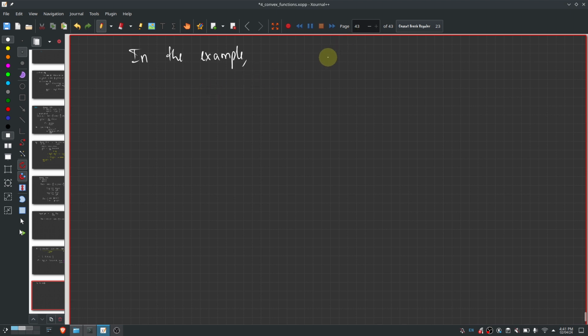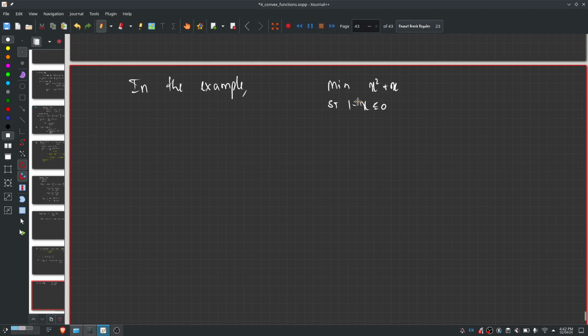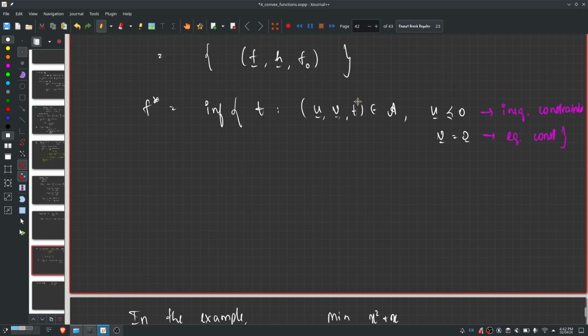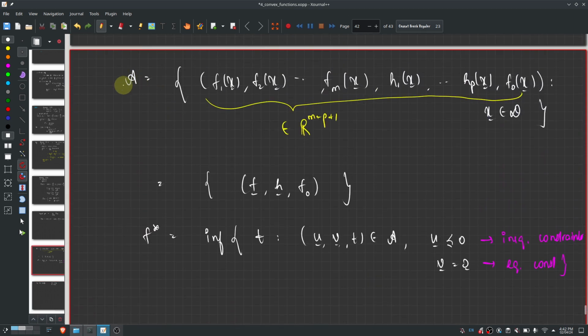So in the example, recall that the example was: minimize x square plus x subject to 1 minus x less than or equal to 0. What is A? A is a set of all f1 of x. There's only one inequality constraint.